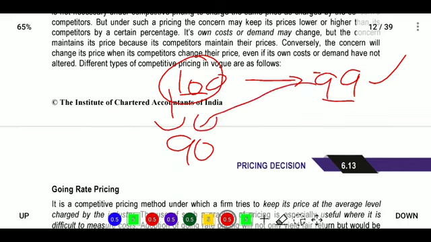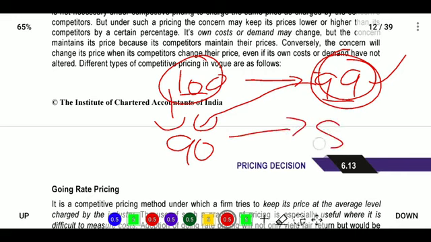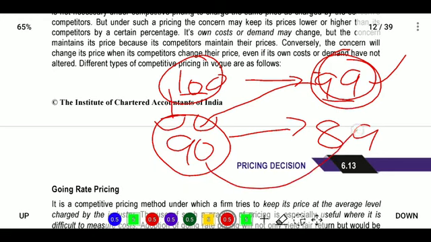What will this competitor do? The competitor will say, you put 99, so I will put 89. He is selling at a loss. Then the customers will buy all at 89 rupees.